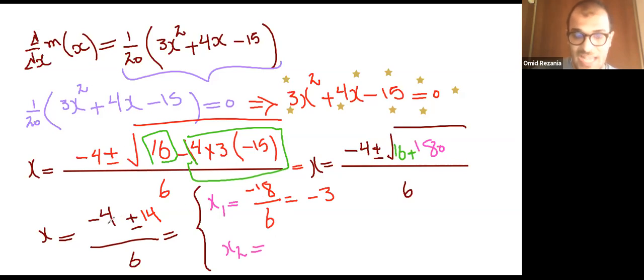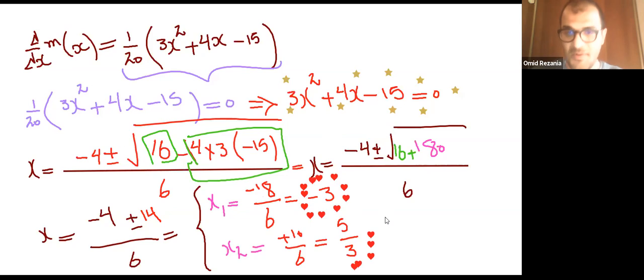And also you have -4 plus 14, which is 10. You get plus 10 divided by 6, which can become 5 divided by 3. These are the 2 roots that we are interested in now. This root and this root.